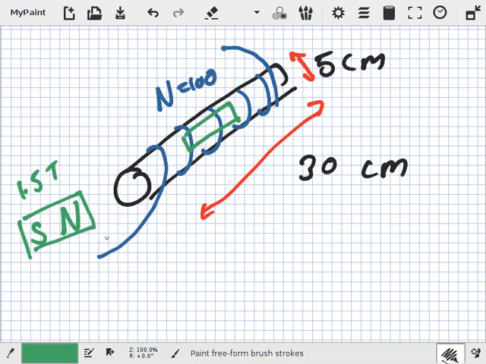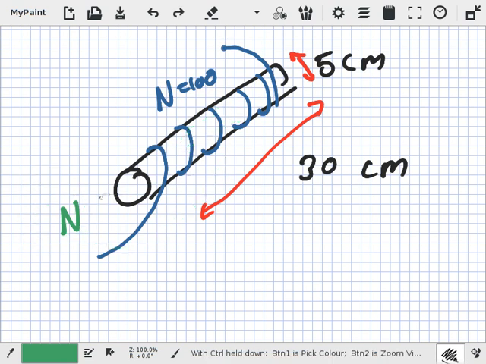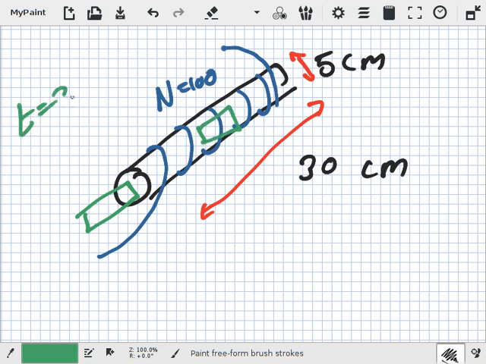We'll say it takes 3 seconds to move it in. It's at the beginning right outside the pipe, and then it's in the middle of the pipe. That took 3 seconds, and it's a 1.5 Tesla magnet. My question is, what is the voltage we get inside the copper wire? How much voltage do we make?